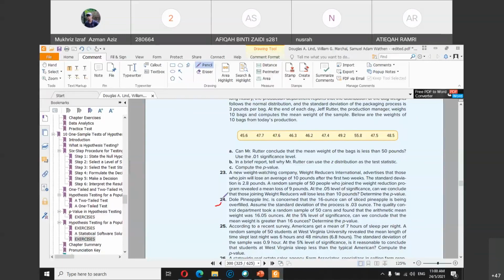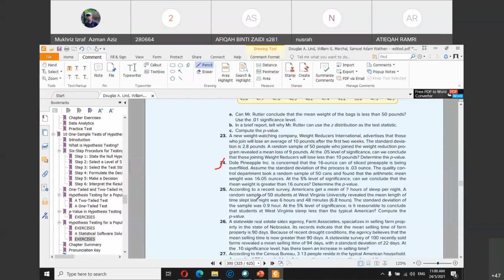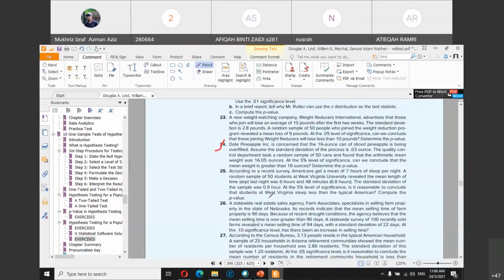Question 24, I can mention to you, is using the Z distribution, because the sigma is given in advance. Then question 26, I can tell you, is on the T distribution, because the sigma is mentioned together with the sample of 100.